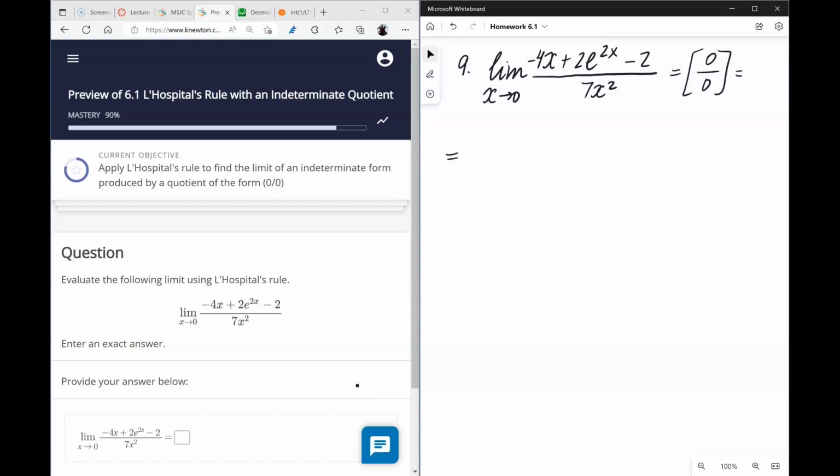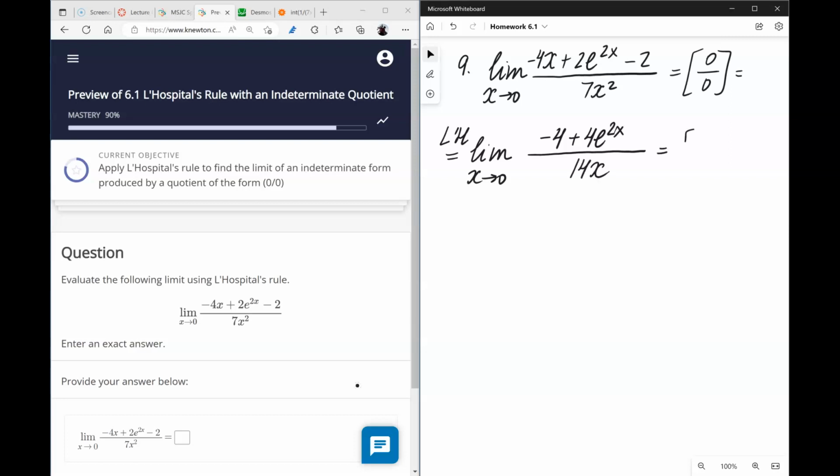And we're going to use the L'Hopital's rule. So the limit will be the ratio of the derivative, so it's negative 4 plus 4e to the 2x by the chain rule. And here we have 14x.